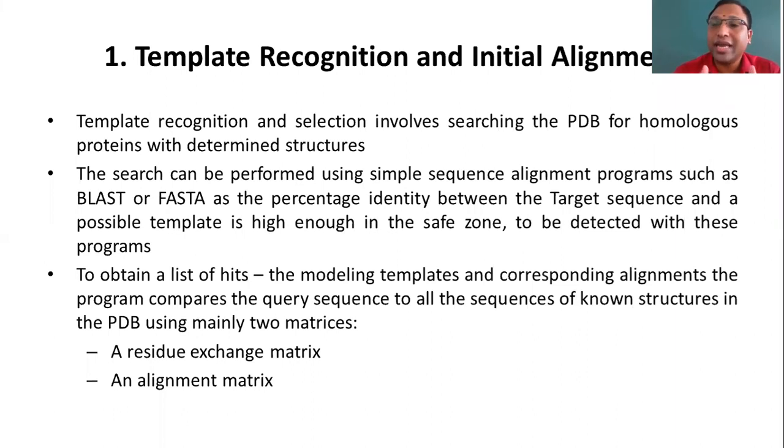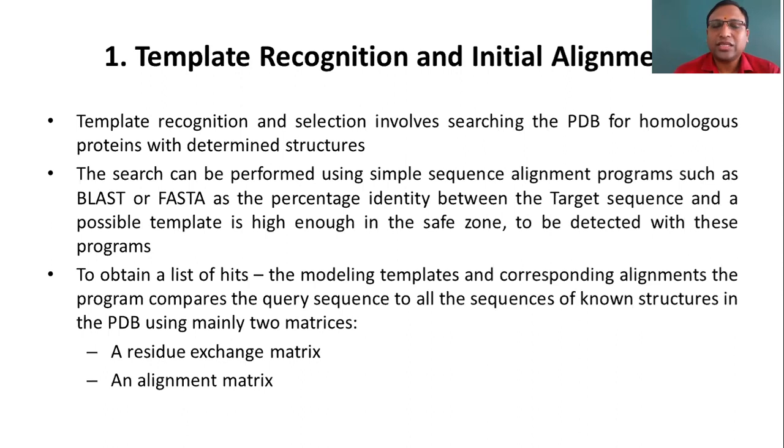Determined structures means already existing structures and homologous sequences that we are taking and collecting the data. The search can be performed using a simple sequence alignment program such as BLAST or FASTA, as the percentage identity between the target sequence and the possible template is high enough, in the safe zone, to be detected with these programs.